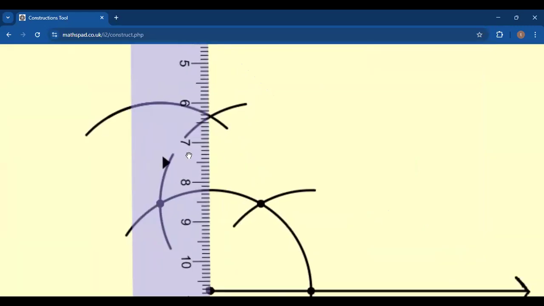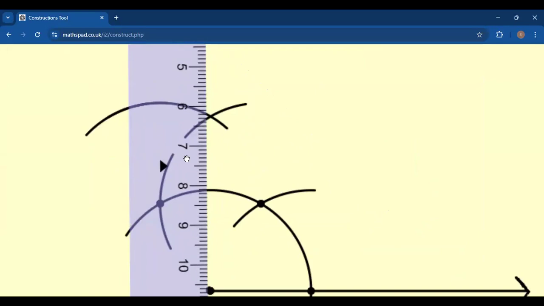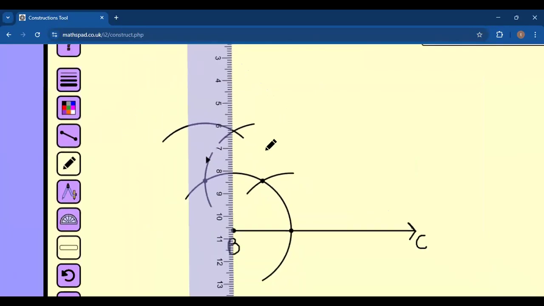Excellent. And so what we're going to do here is draw a line all the way down, and there we go.